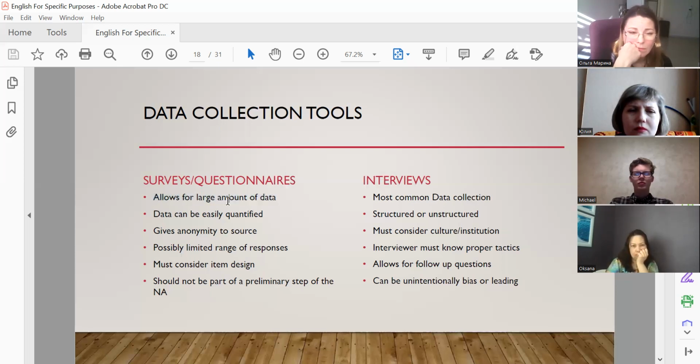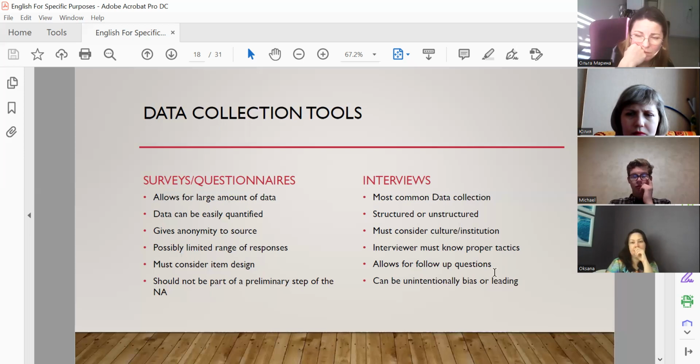Allows for large amount of data, and also your prospective students. Interviews could be structured or unstructured. So it could be just in passing or just when you go to the principal's office, or you can prepare for the interview, of course, and go to them with that purpose. Interviewer must know proper tactics. So you should know how to go about conducting it.